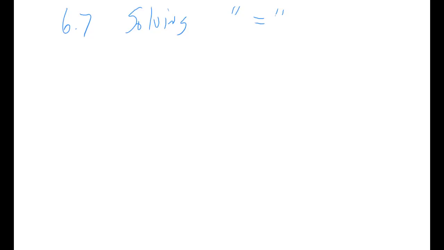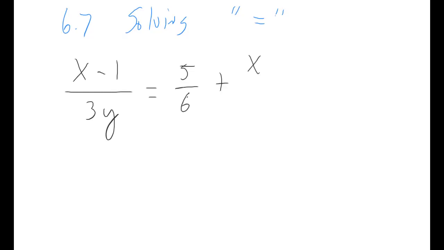So if I have this problem, x minus 1 all over 3y equals 5 over 6 plus x over y squared, and I ask you to solve for x, which means I need to get x all by itself.